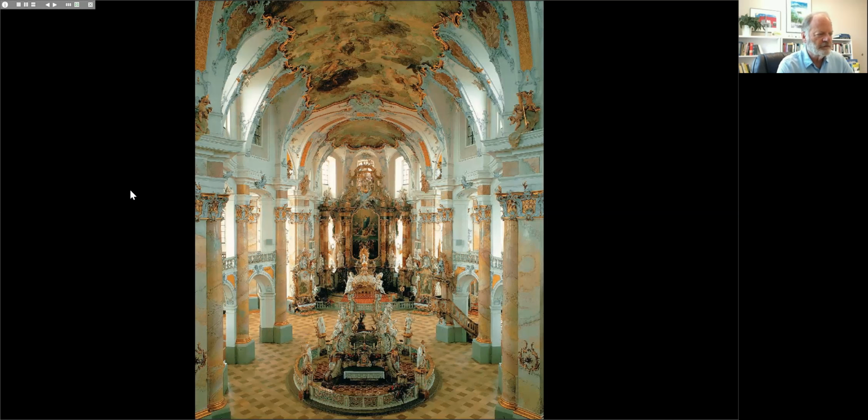There is the traditional main altar, the liturgical altar, which is there in the distance at the very end of the church. But in addition, we have this altar in the center of our field of view, framed by an oval balustrade, and this is the pilgrimage site. This is where the vision by the shepherd boy was had.